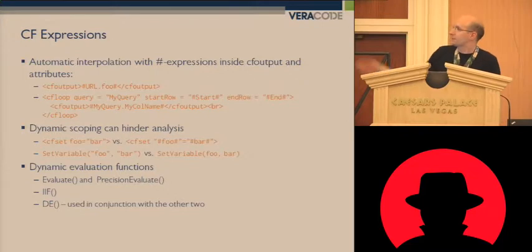As I mentioned earlier, this is how you interpolate data. A lot of you probably know a lot about how this works. It's pretty simple. If you've ever written a dynamic application, you've dealt with stuff like this. ColdFusion does have some pretty interesting features. There's eval, and there are two different forms of eval.